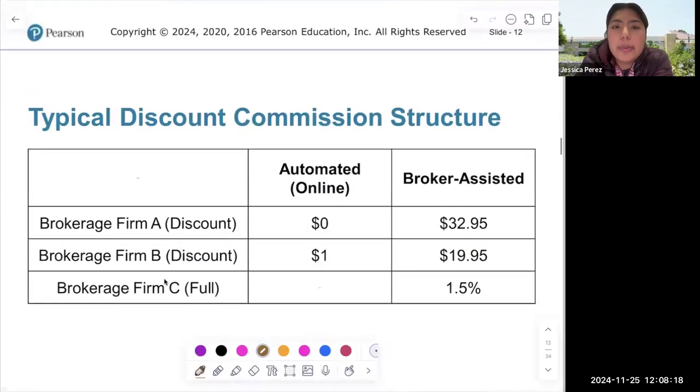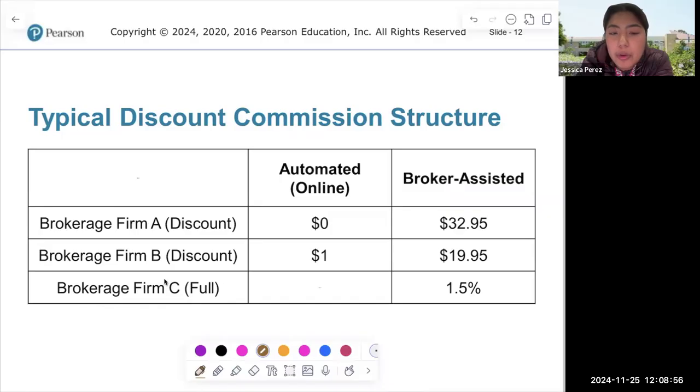So let's look at the typical discount commission structure. For example, we have different types of brokers: firm A, firm B, and firm C. There are discount brokers and there are full brokers. For firm A, an automated online trade, the broker will charge a $32.95 commission. If broker firm B has an automated trade that costs $1, then the broker assisted commission would be $19.95.